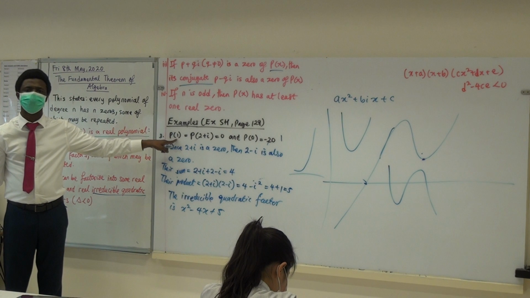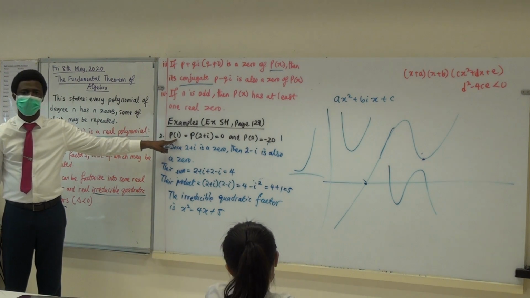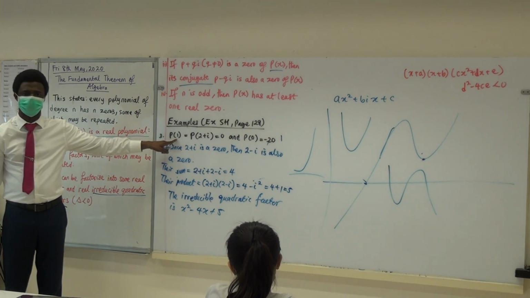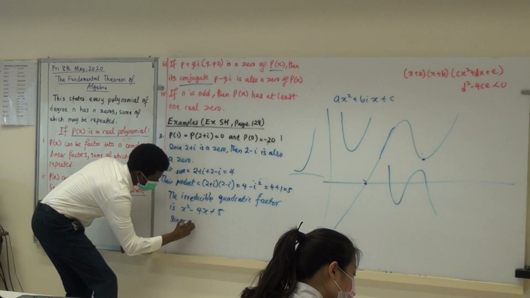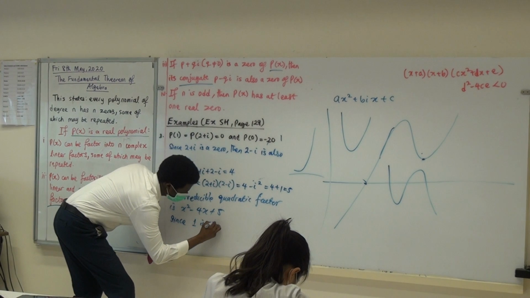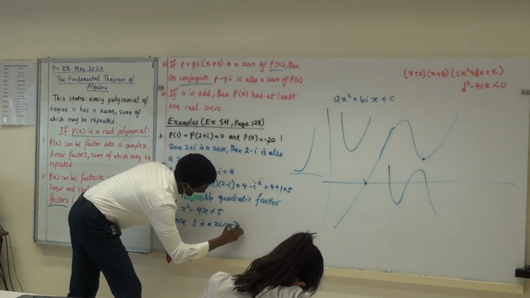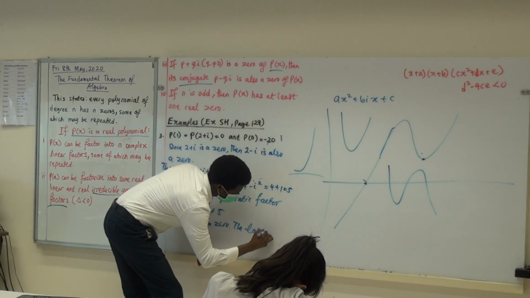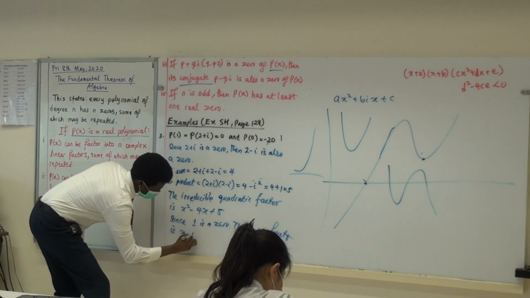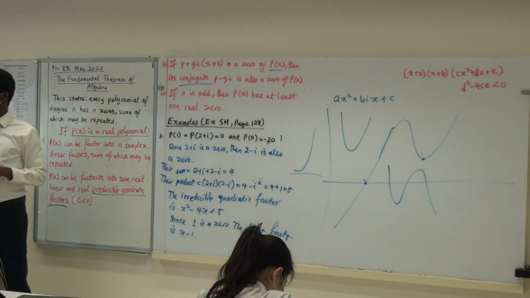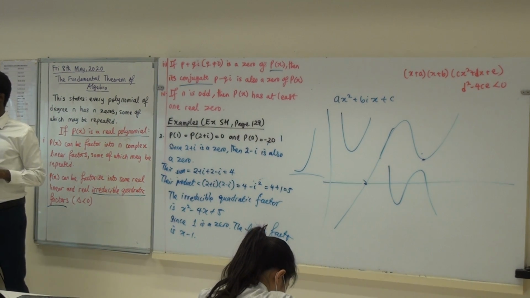From here, we have a linear factor. Agree? We have a linear factor. Since 1 is a zero, the last factor is what? x minus 1. Agree?